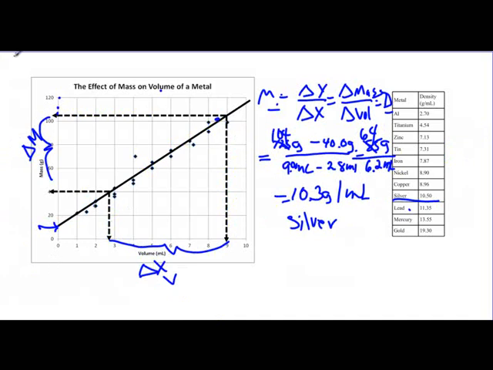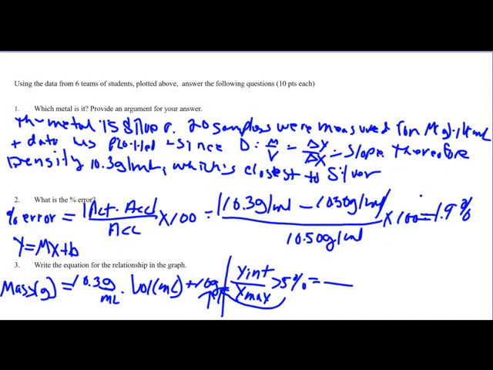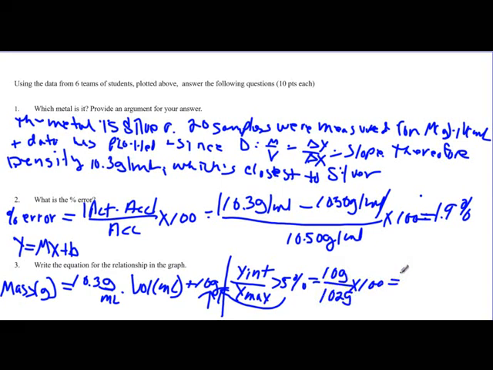So my y-intercept was 10 grams. My y-max is 102, and multiply that times 100, and it's going to be about 10%. 10 divided by 102 times 100 is 9.8%.